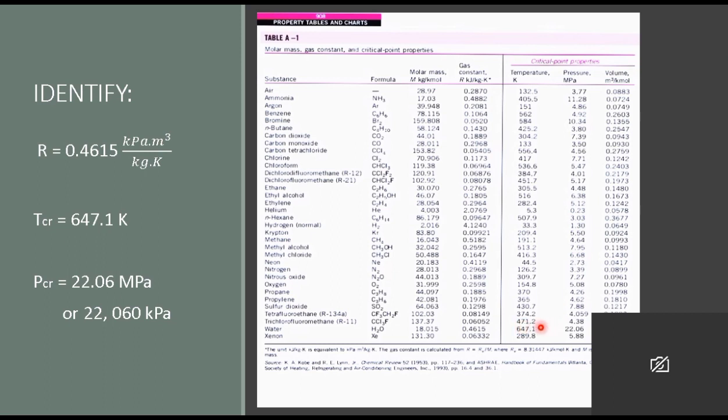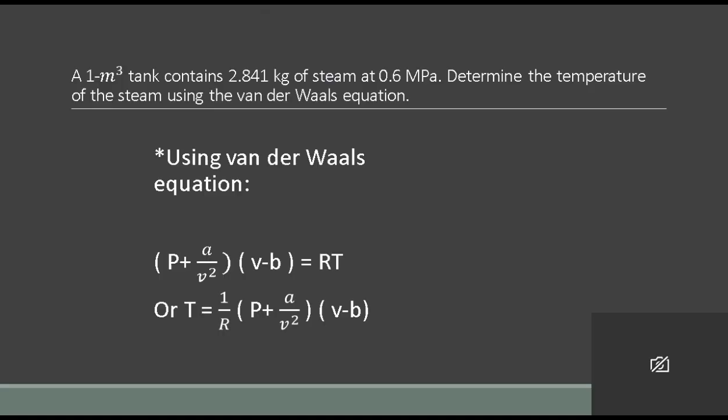The critical temperature of water is 647.1 Kelvin, and the critical pressure is 22.06 megapascal, which converted to kilopascal becomes 22,060 kilopascal. Since we are looking for the temperature of the steam, the original formula changes to T equals 1 over R, times (P plus A over V squared), times (V minus B).